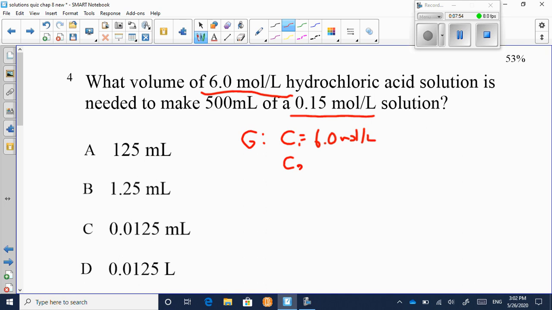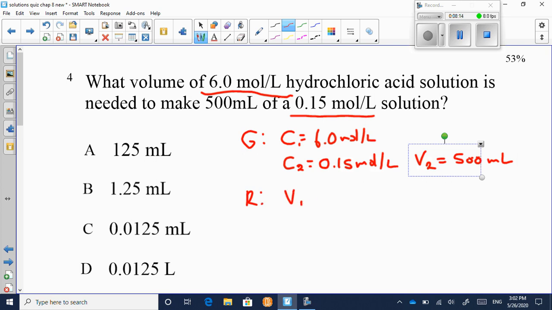The other one, the C2, is 0.15 moles per liter. So that's not very concentrated at all. It's very dilute. And then V2, that's how much of the dilute solution we're making, is 500 milliliters. And my required is the V1. So how much of that 6 mole per liter solution do I need?